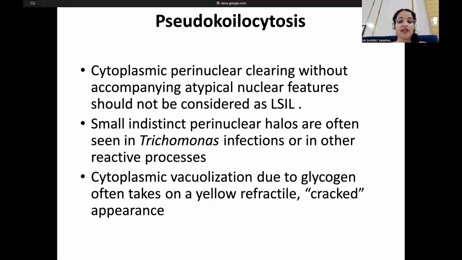Small indistinct perinuclear halos can be seen in case of trichomonas infection or in case of reactive process, and then cytoplasmic vacuolization due to glycogen, often seen in case of pregnant females, that we call navicular cells. So these should not be confused with the koilocytic change. Next slide, please.